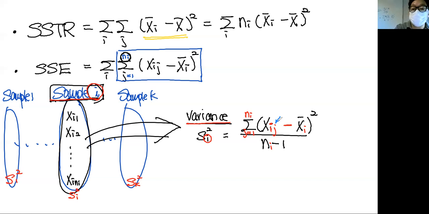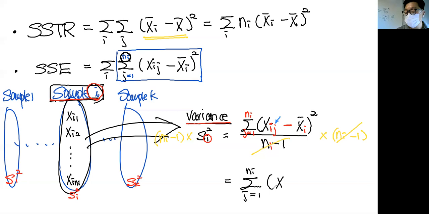Okay, now let me multiply by ni minus 1 here because I want to cancel out. Then times ni minus 1 here. And now the right-hand side will be the summation j from 1 to ni of xij minus xi bar squared, which will simply be ni minus 1 times si squared.